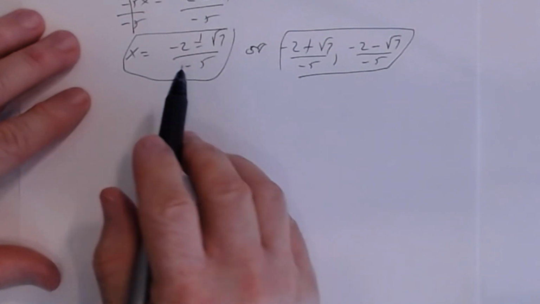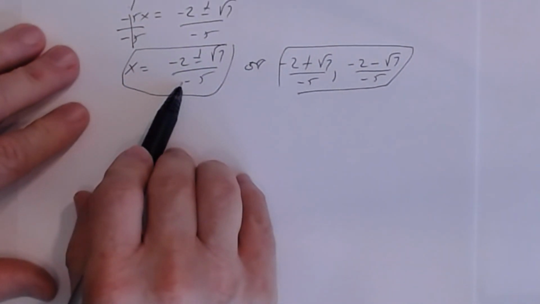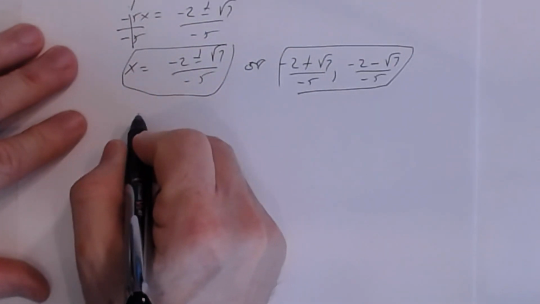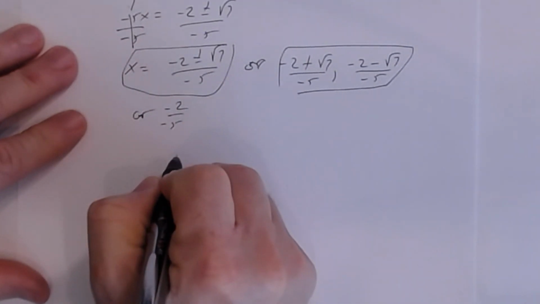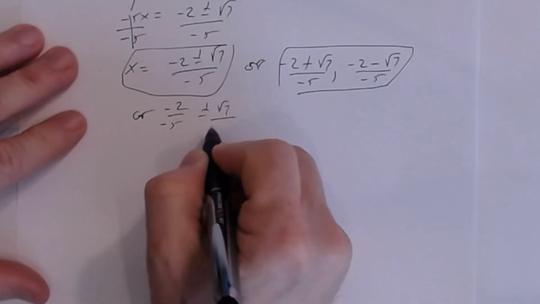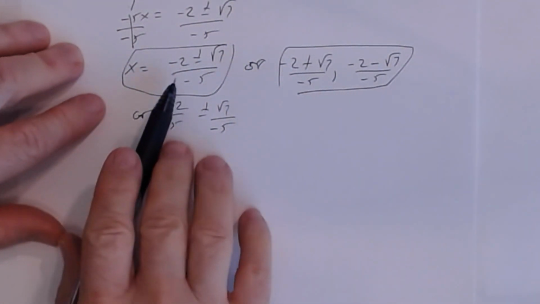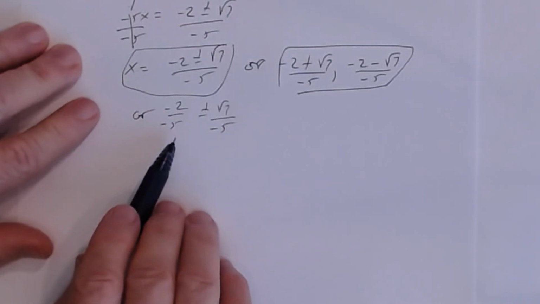Okay, so listen carefully. Y'all remember a negative divided by negative is a positive, isn't it? Okay, so I want to show you something. I'm going to rewrite this as negative 2 divided by negative 5, right? Plus or minus square root of 7 divided by negative 5, right? So this divided by negative 5 plus or minus this divided by negative 5. That's what you see here.